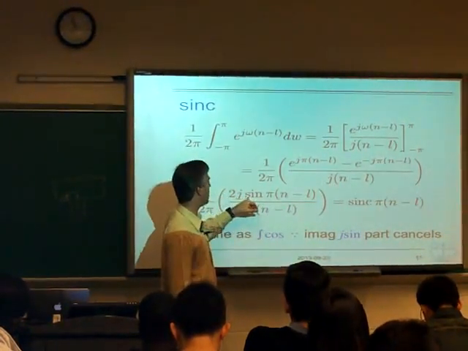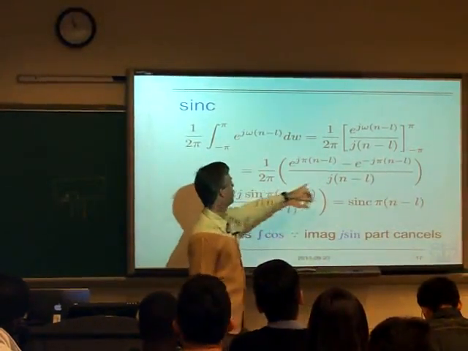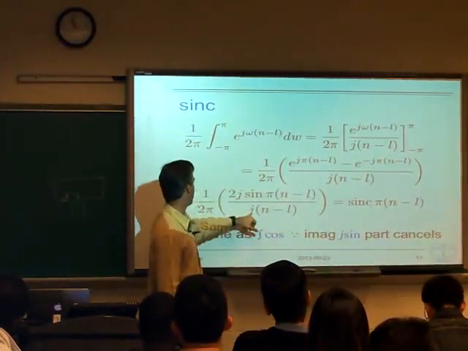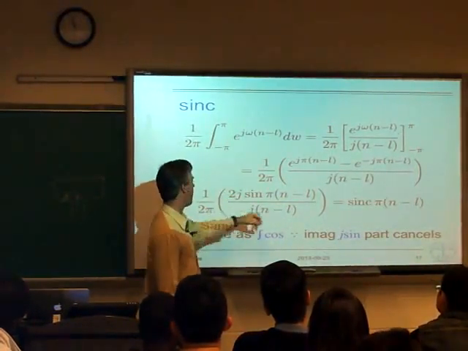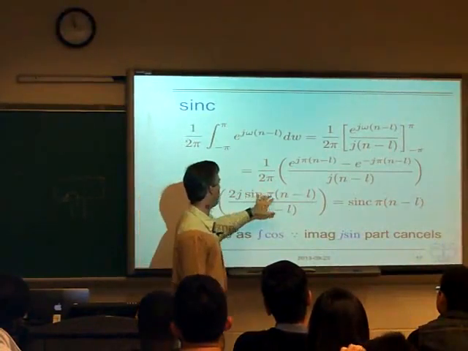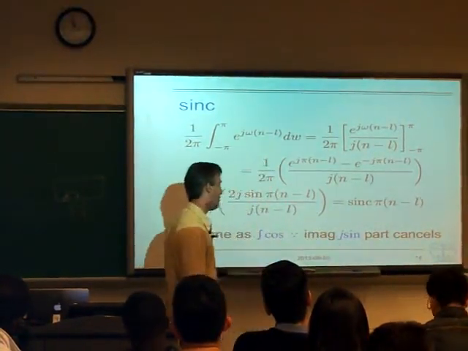So we get 2j sine pi n minus L divided by 2 pi j n minus L. Now the j's cancel, the 2's cancel, and the pi goes in. This is just sine of pi n minus L divided by pi n minus L, which is what we're defining as sinc pi n minus L.